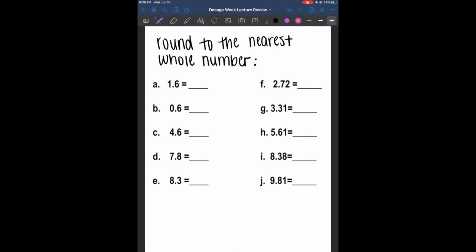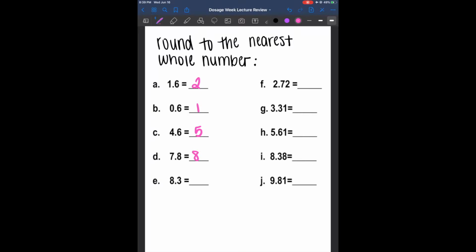So 1.6. 6 is 5 or greater, so it becomes a 2. 0.6. 6 is 5 or greater, so it becomes a 1. 4.6. 6 is 5 or greater, so it becomes a 5. 7.8. 8 is 5 or greater, so it becomes an 8.